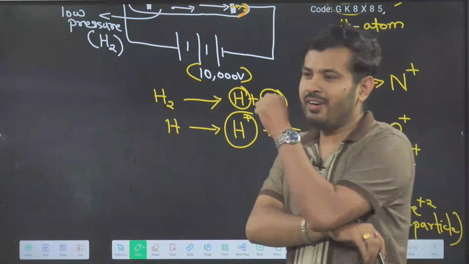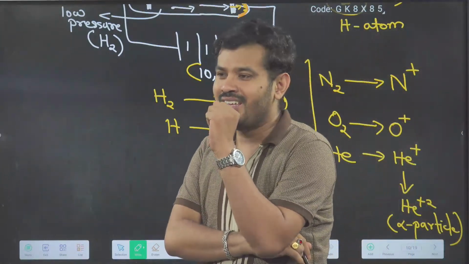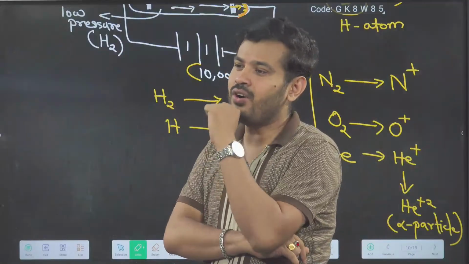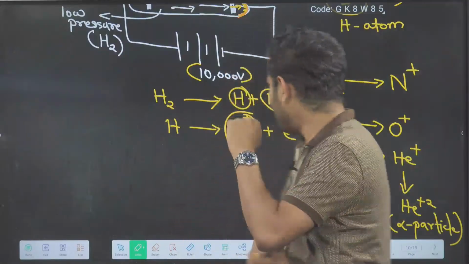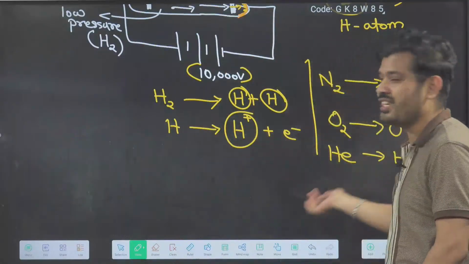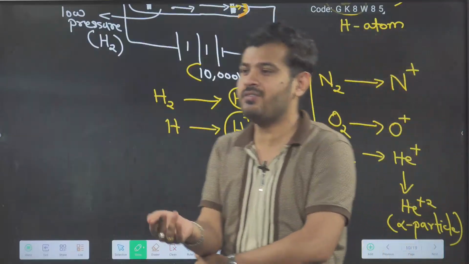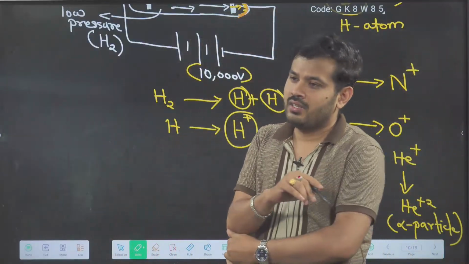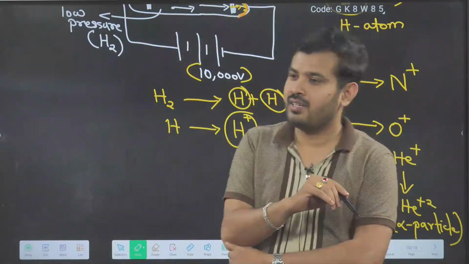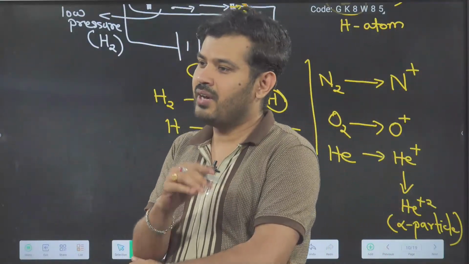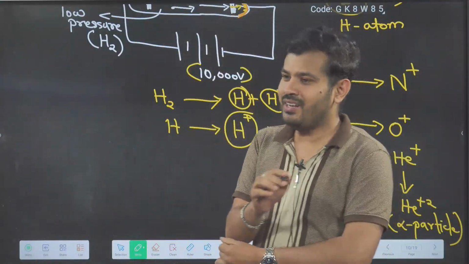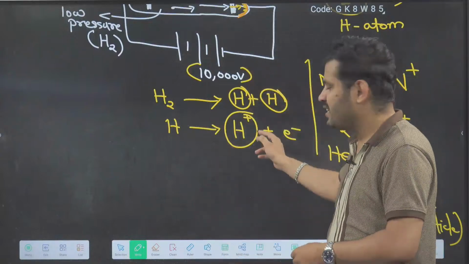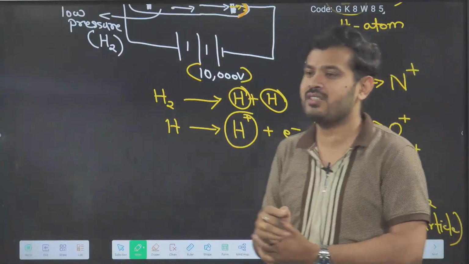Now I have a true and false question for you. If we change the gas inside the anode ray tube, the type of ion produced changes. True or false? My question is, when you change the gas inside the tube, the type of positively charged ion produced is going to change.